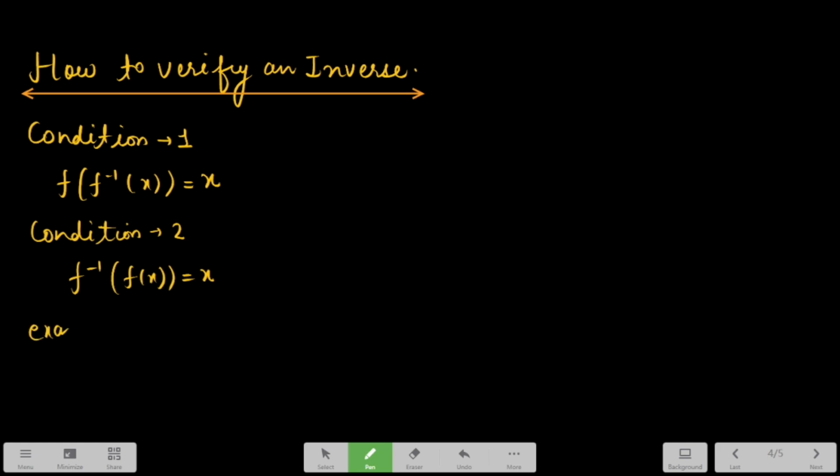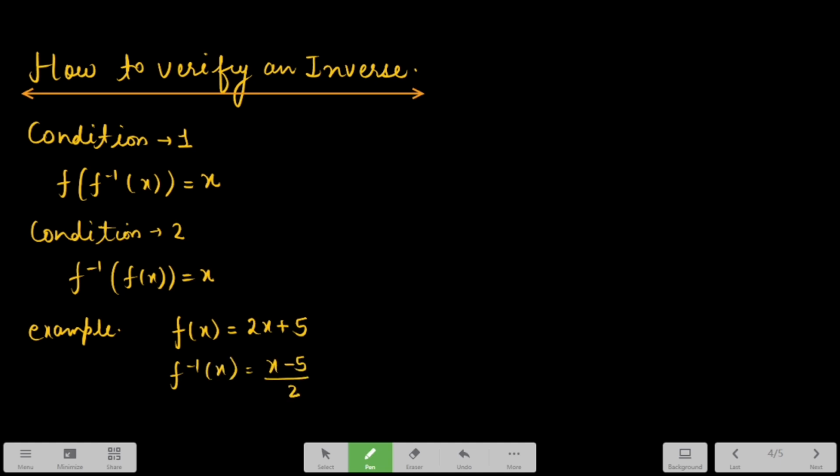Example, suppose we have one function f(x) = 2x + 5. So f inverse would be (x - 5)/2.